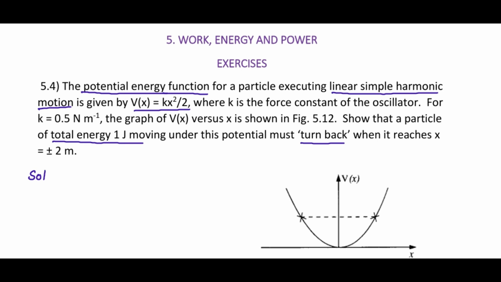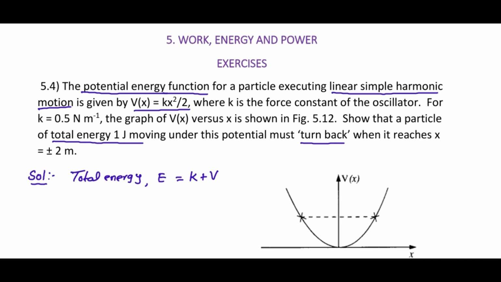Here the particle is in simple harmonic motion. When a particle is in simple harmonic motion, the total energy of the harmonic oscillator E is equal to sum of kinetic energy and potential energy.